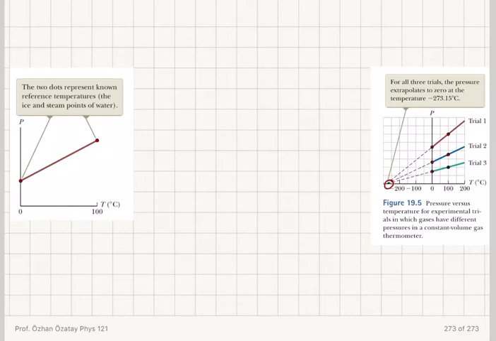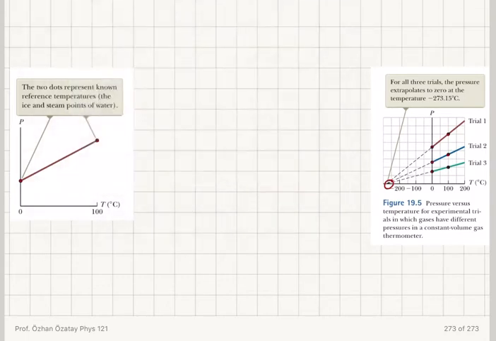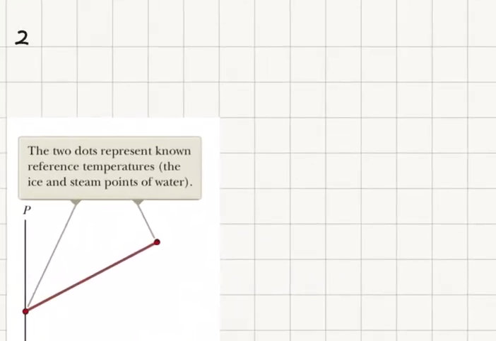So for all different constant volume gas thermometers, I see that the zero pressure reading corresponds to a temperature of minus 273.15 degrees Celsius.